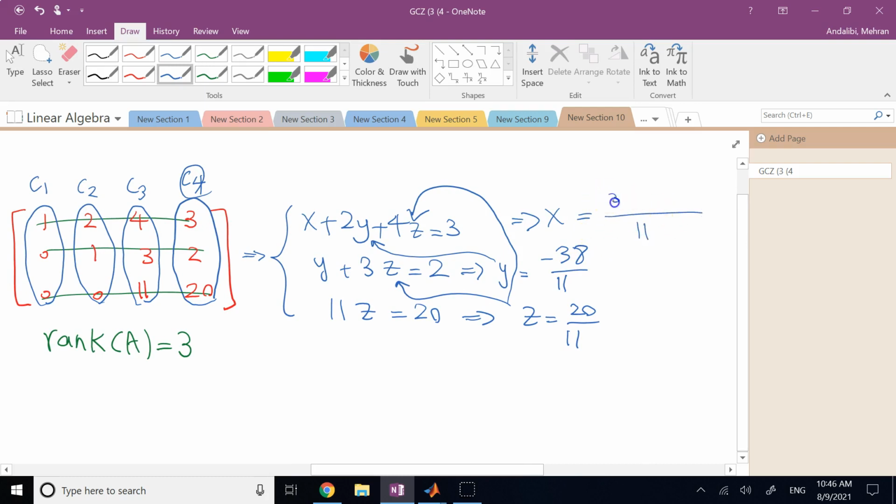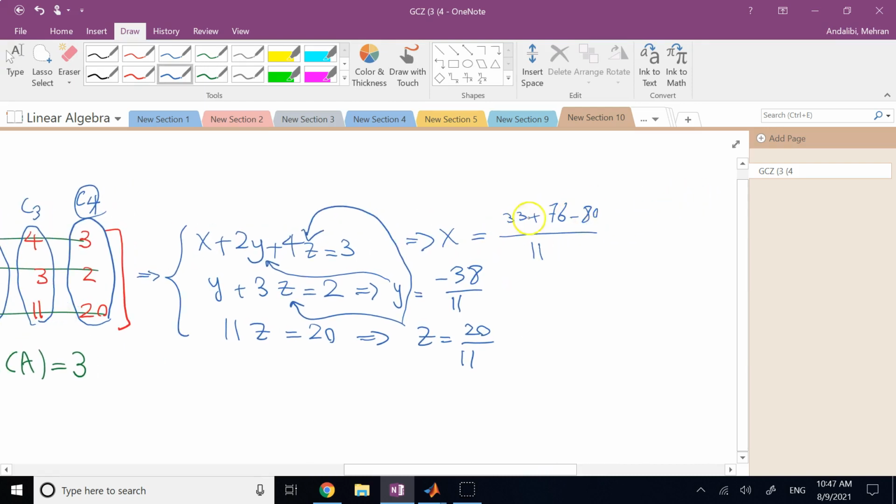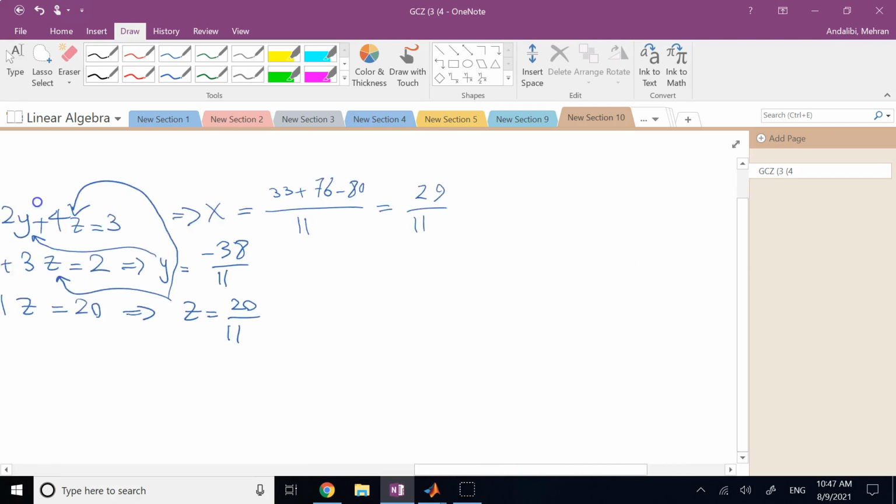Correct? So this is going to be 33, and then minus 2y, which is 76, and then minus 4z, which is 80, right? And if you subtract, you'll get 29 over 11. So basically it means what?